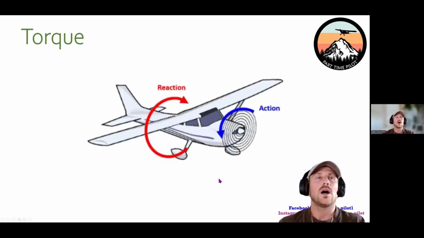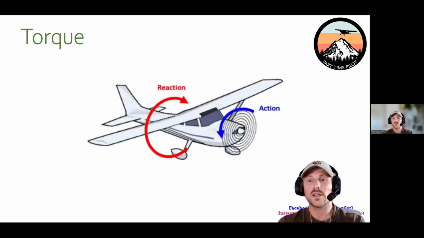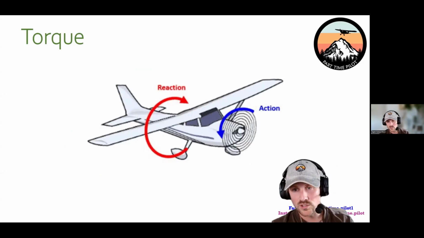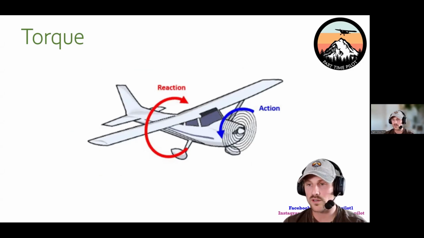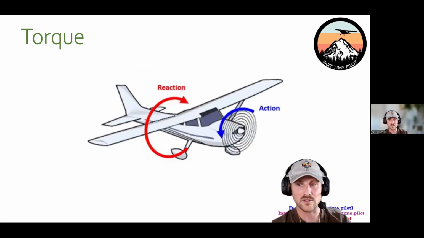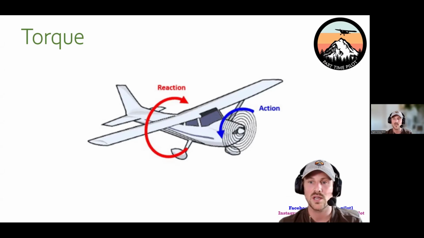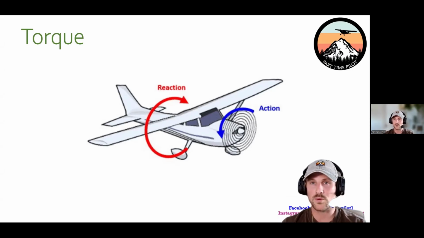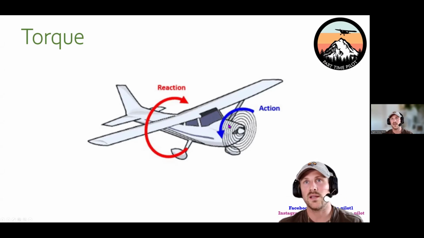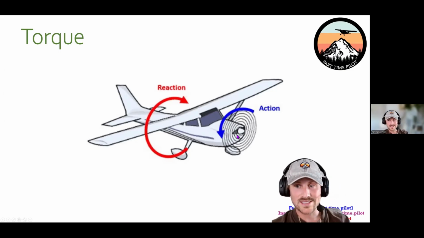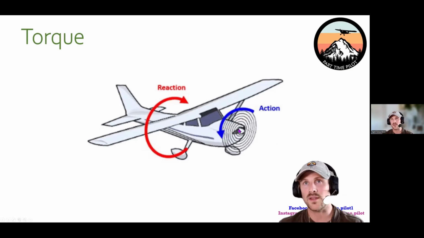Good. All right. So the first one is torque. Torque is a turning force about an axis. For pilots, torque from the propeller shaft is important because of the resulting force applied to the aircraft. The propeller spins right here, connected to the engine by the propeller shaft.